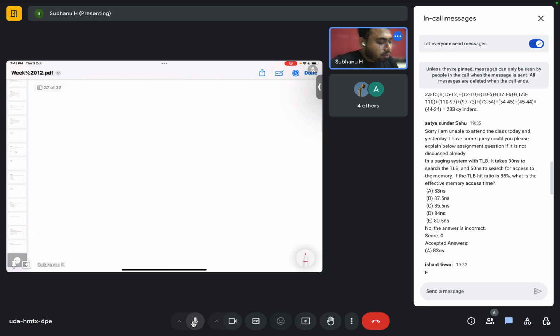So first, try to answer this question that in a paging system, it takes 30 nanosecond to search in TLB. Fine. Then 50 nanosecond for access to the memory.